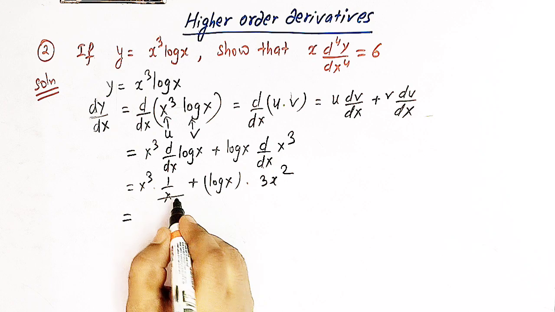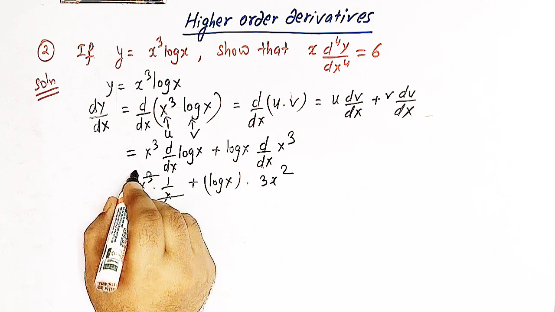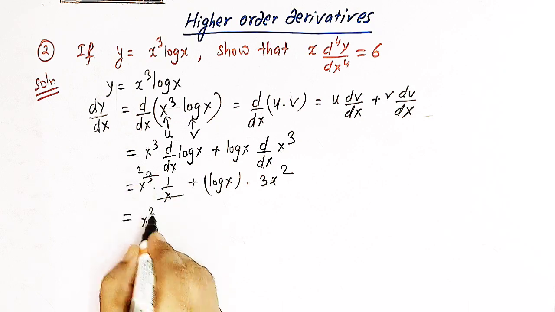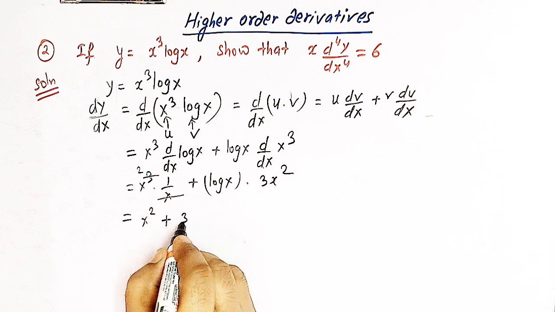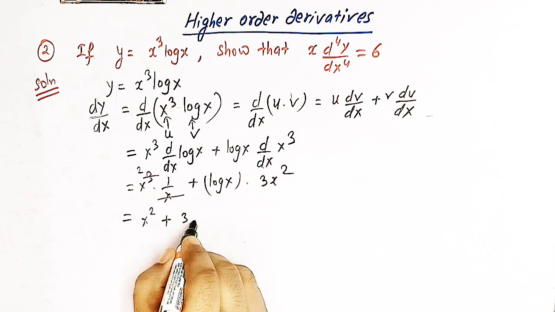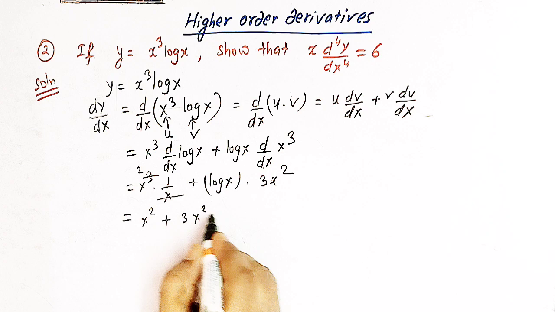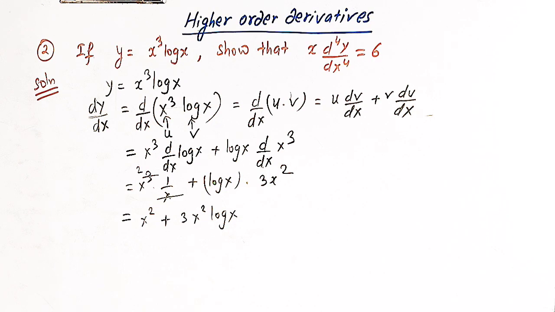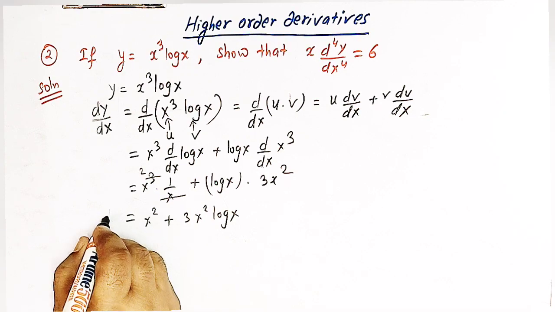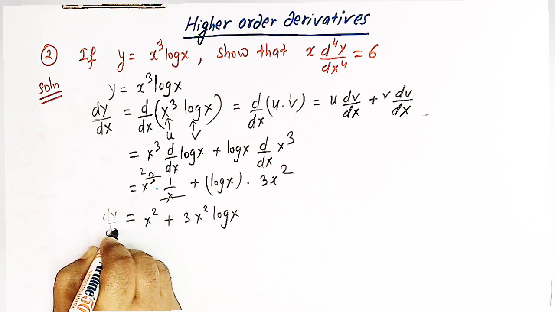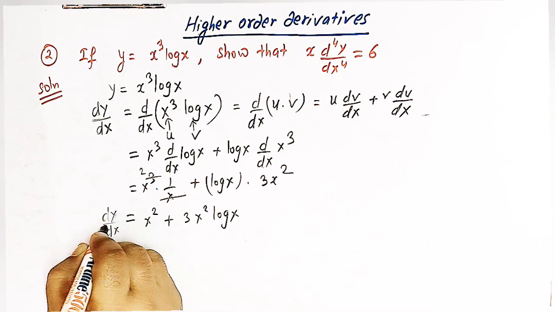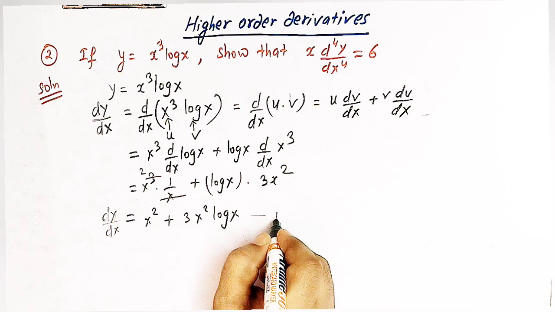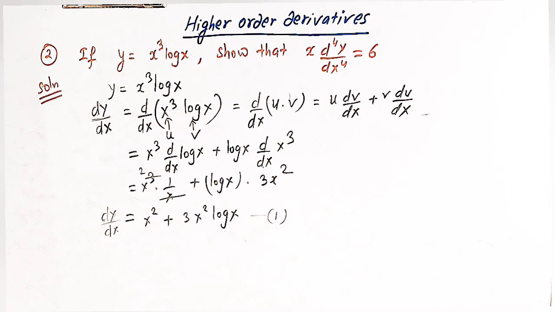So here this x and this x get cancelled, so we are left with x square, and here we have 3x square log of x. So the first derivative of y with respect to x is given by this equation.